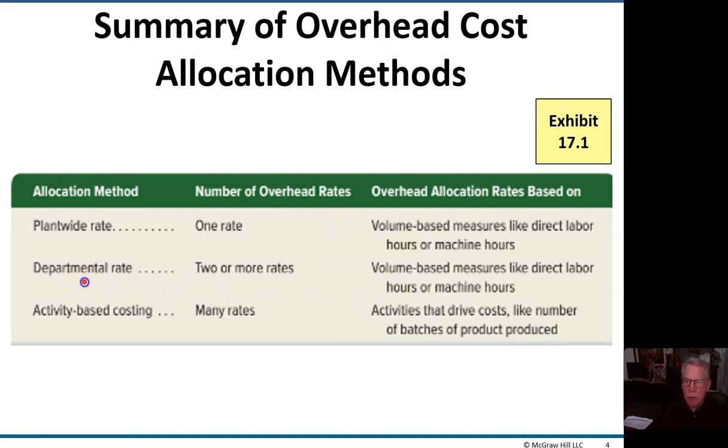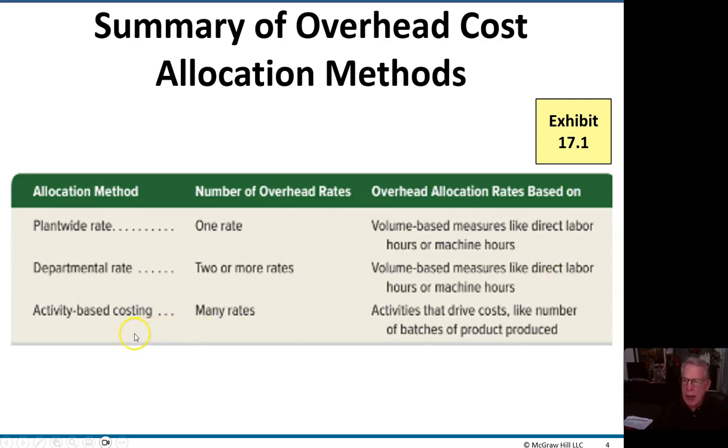But it is possible that we could have more than one rate, and we could do it by department. Again, it's volume-based measures like direct labor or machine hours. We might use direct labor in an assembly department, but machine hours in a group of machines that produce product.